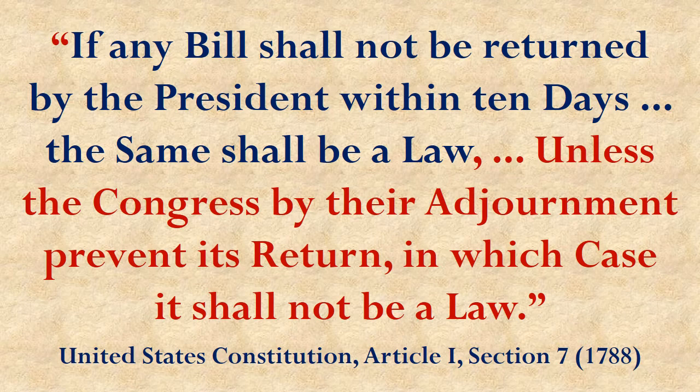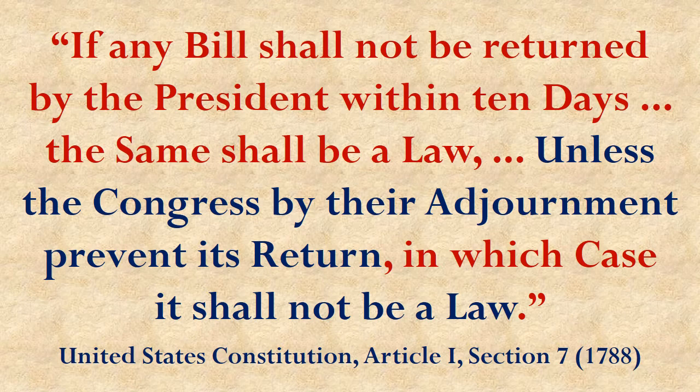In the case of the pocket veto, the president is, first of all, given a 10-day window of time in which he is supposed to make a decision on a law, whether or not to approve it or veto it. Now, if that 10-day window expires without the president acting, then that bill becomes a law.